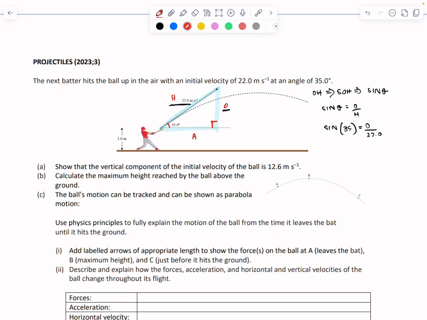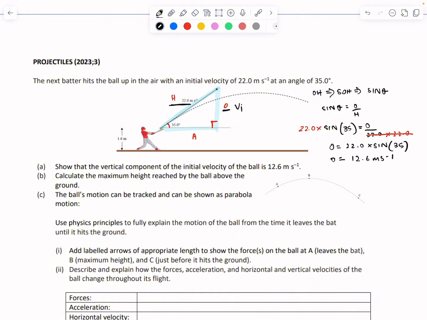I want to get rid of this divide by 22.0, so I'm going to multiply it by itself to cancel it out, and that means I have to multiply this side of the equal sign by the same thing. So what I'm left with is O equals 22.0 times sine 35. Plug that into your calculator and you should get 12.6 meters per second.